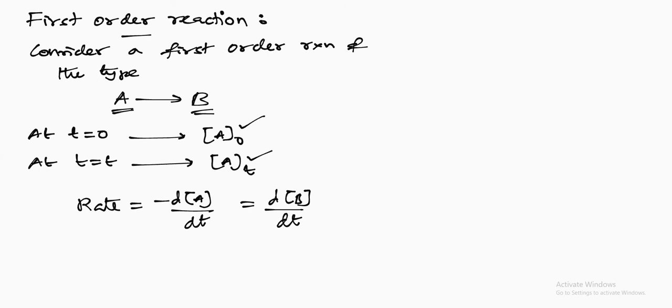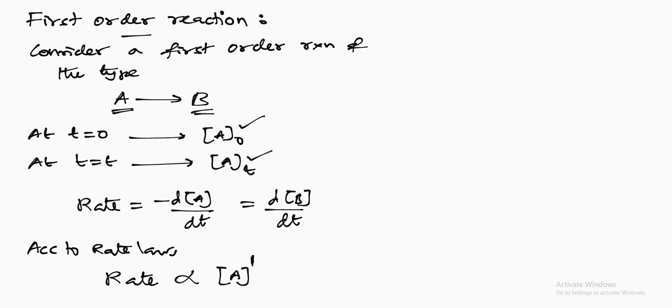Now, according to the rate law, rate of the reaction is directly proportional to the concentration of the reactant power 1, because it is a first order reaction. Rate is directly proportional to concentration power 1.